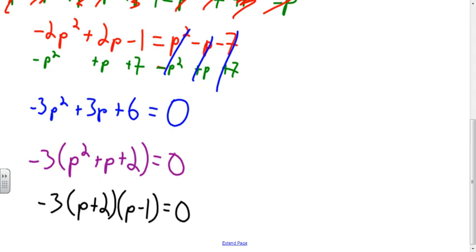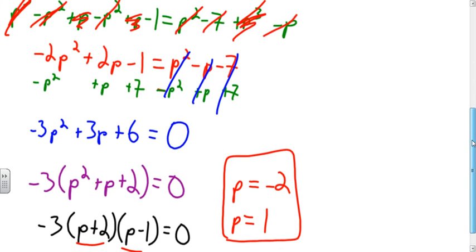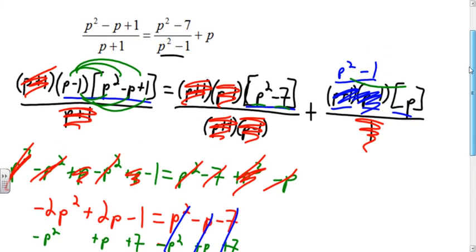Perfect. Now from here, we would say the only way for this to happen is if p equals -2 in this case, or if p equals +1 in this case. So these are our two possible answers, but we need to go back to our original equation and check those.